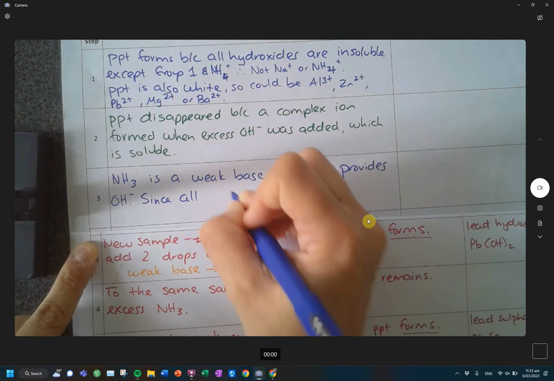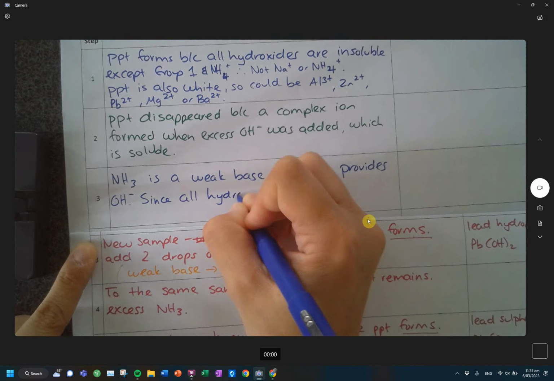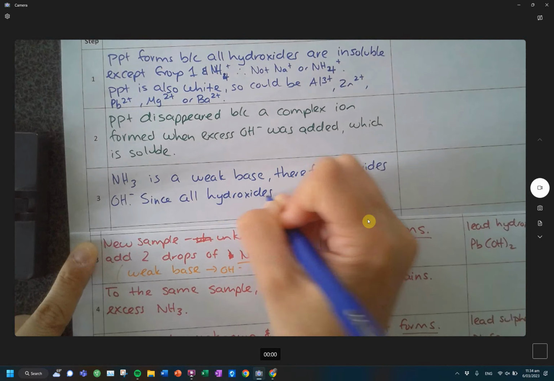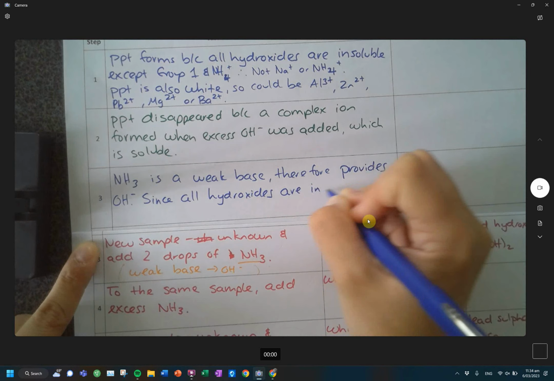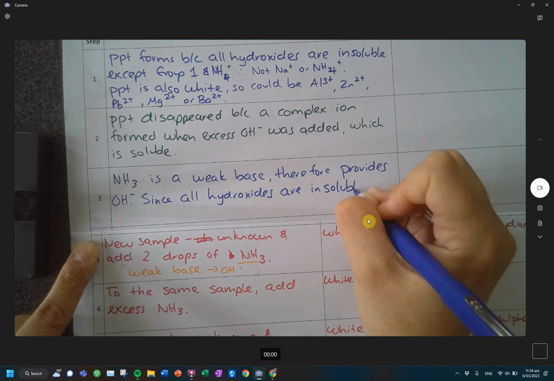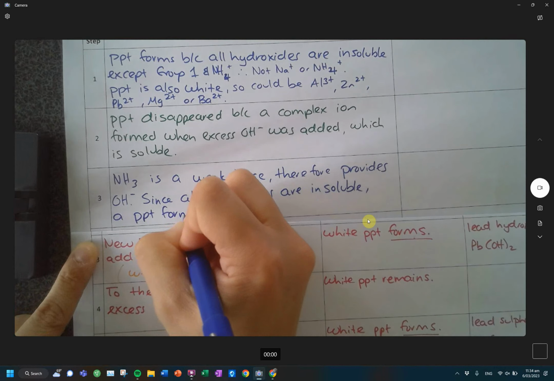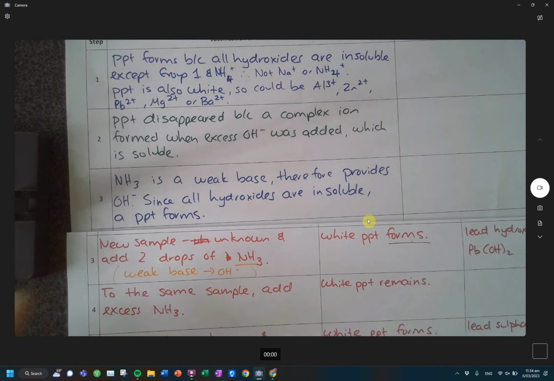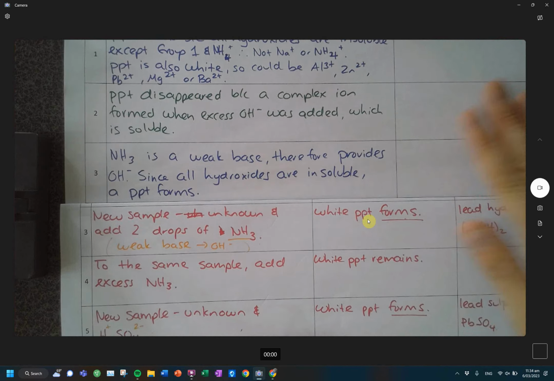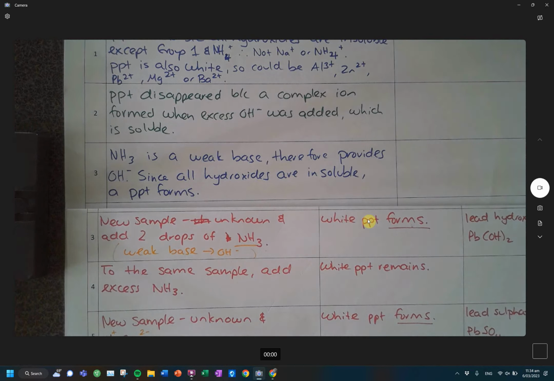Since all hydroxides are insoluble, a precipitate forms. So I'm just going to go through and do all my justifications because I find that's easier.